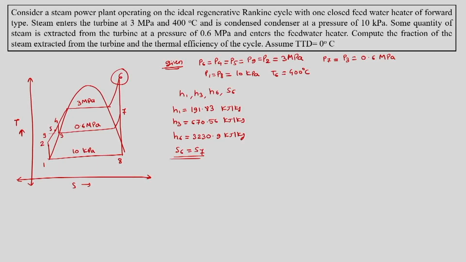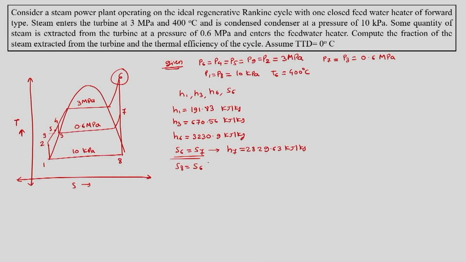Similarly, we will go into the 0.6 megapascal case and find where we have the same entropy, and it happens to be again a superheated state, and that is why we get H7 as 2829.63 kilojoule per kg.